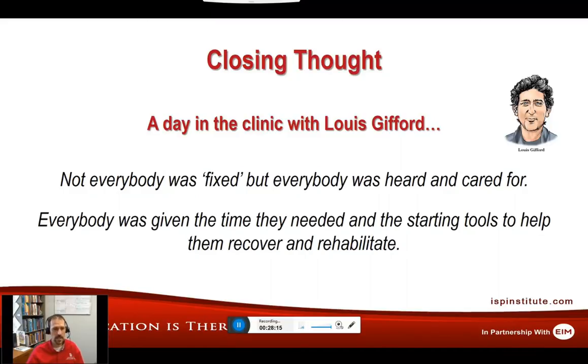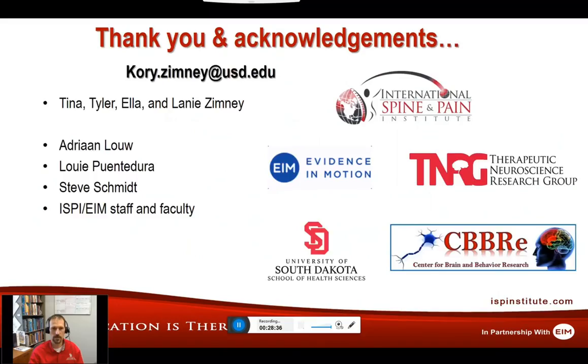And we have to be able to tap into those things and create the starting tools to help a person get back to doing the functional activities that they once did and want to do again. And that is really the key behind what we're trying to do with a pain neuroscience educational program wrapped around all the PNE Plus programs that we can do to assist individuals.